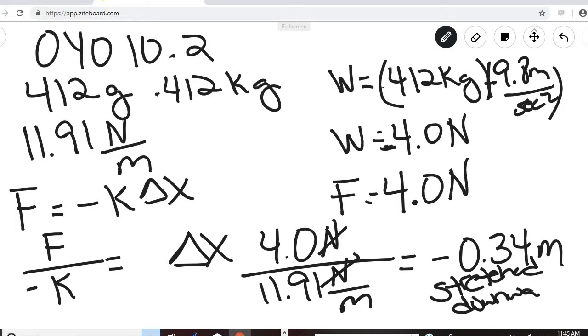So it's a negative displacement, a negative delta x. Gravity is going to pull downward, and the restoring force then will pull upward with an equal force as that caused by gravity in order to try to get that spring back to its equilibrium position.